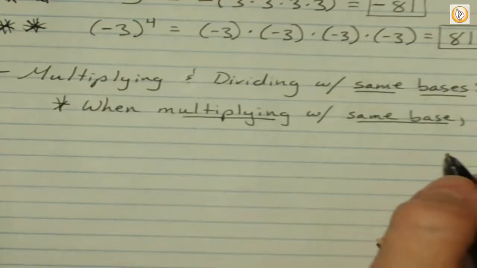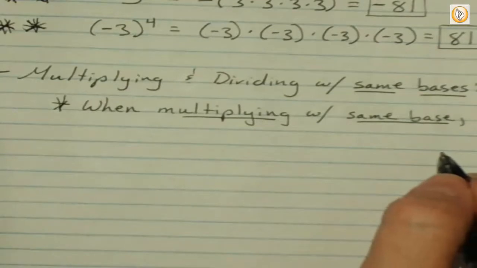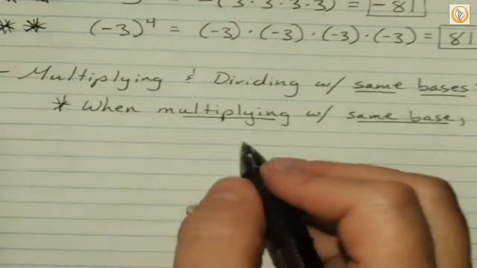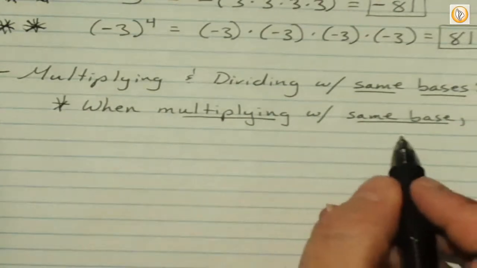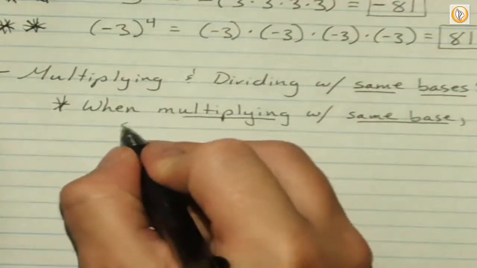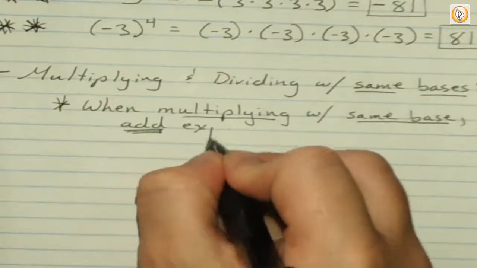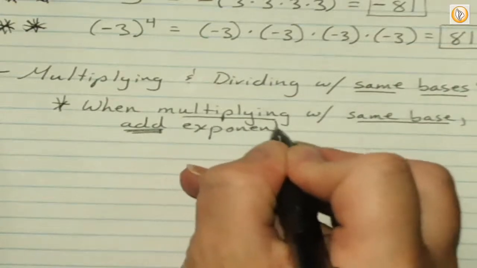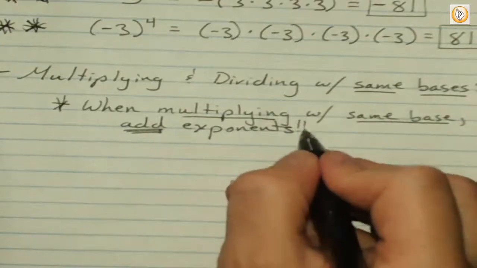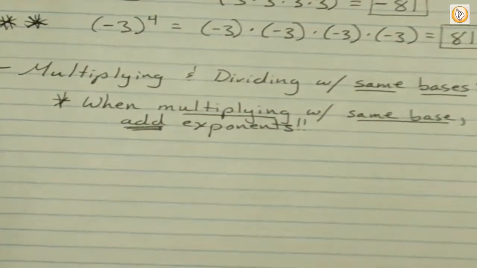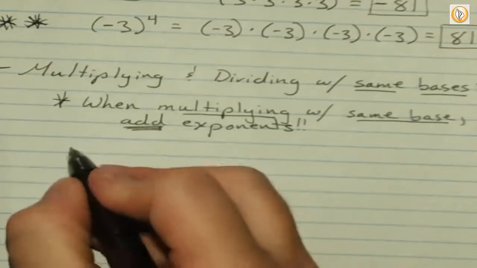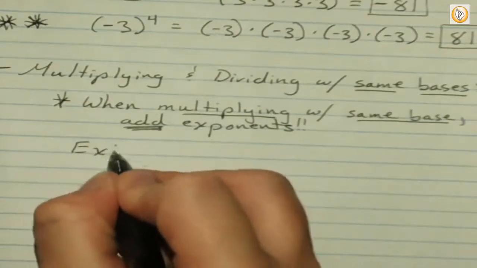If you're multiplying and the bases are the same, what do we do with the exponents? Raise your hand. I was going to say you add them. You are correct. When multiplying with same base, add exponents. I'll give you an example when everyone catches up.